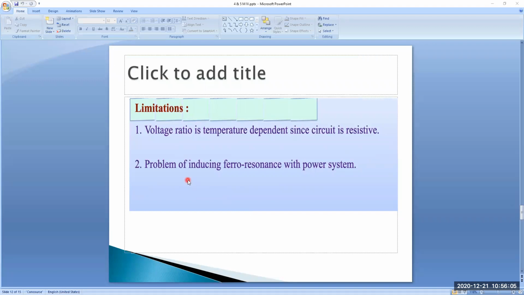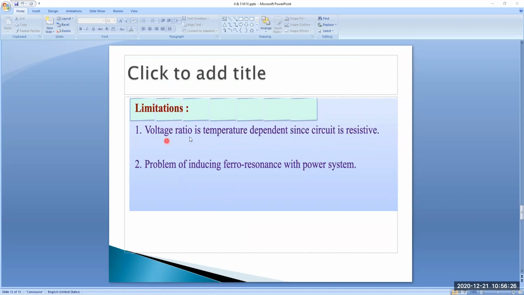Limitations, finally. Voltage ratio is temperature dependent since the circuit is resistive. It's clear, all of you know well. Under resonance condition the circuit is completely resistive in nature. That's why it's sensitive to temperature, and so there are some errors because of temperature.